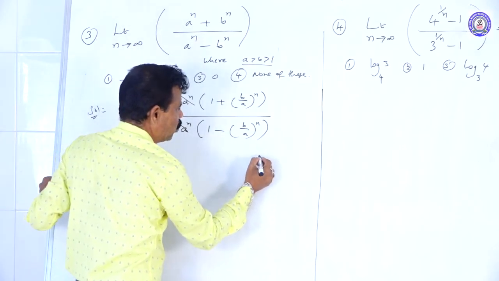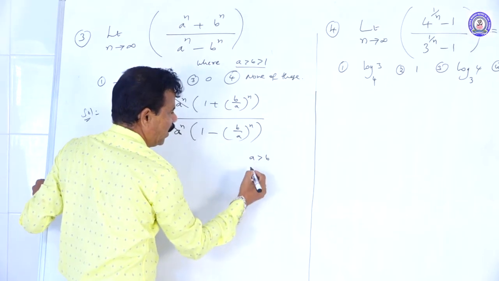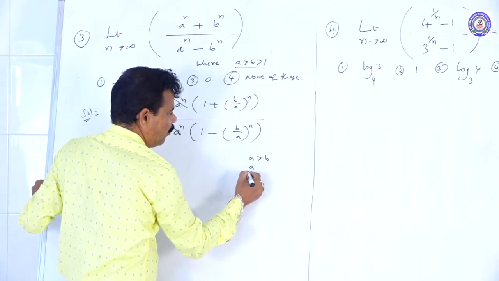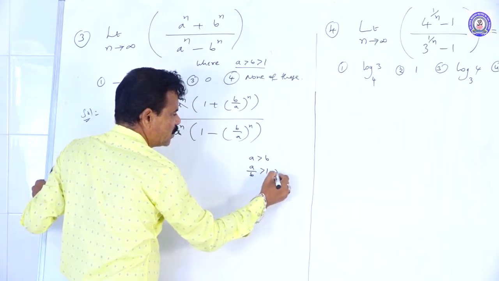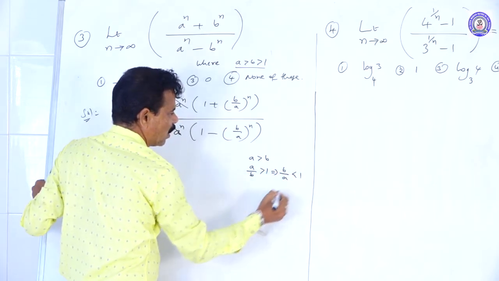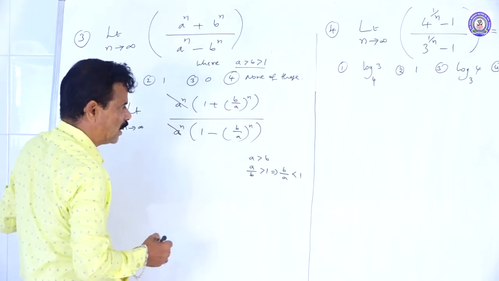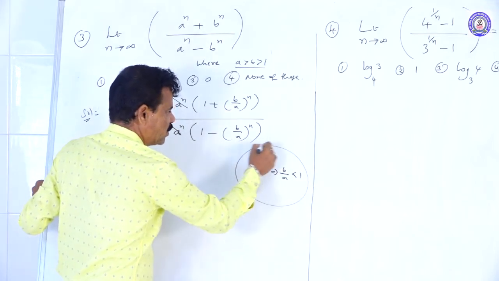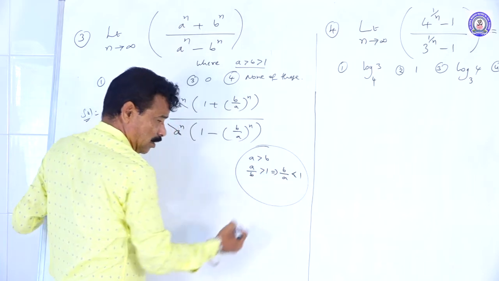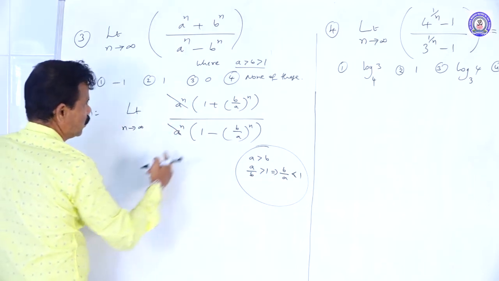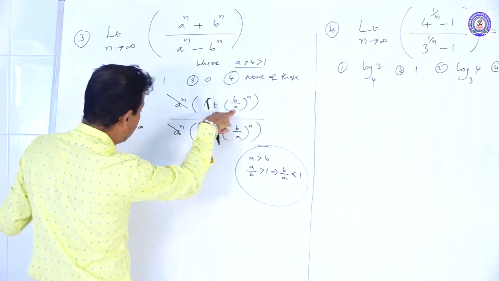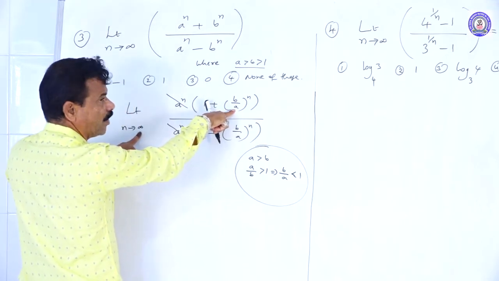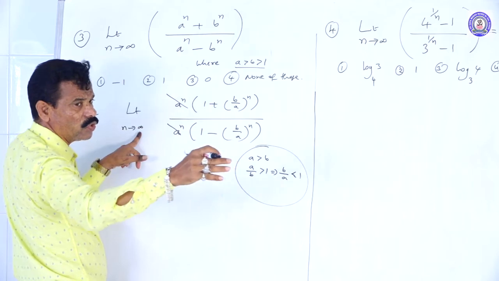So according to the condition, a greater than b. So a by b is greater than 1. If we take the reciprocal, b by a is less than 1. That is the inequality condition. So b by a is less than 1, and power to the infinity, it is going to reach 0.